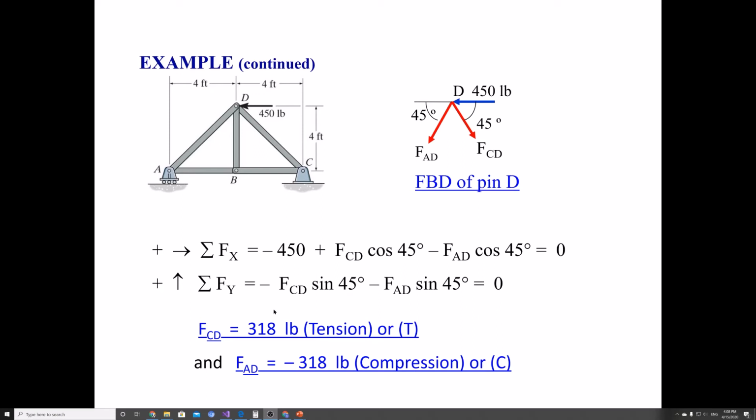Then you can solve for these values. FCD is under tension, so that was good. We drew it in the right direction, so it's pulling away from that point. FAD actually turns out, when you solve for this, to be minus 318 pounds. So that one is under compression.